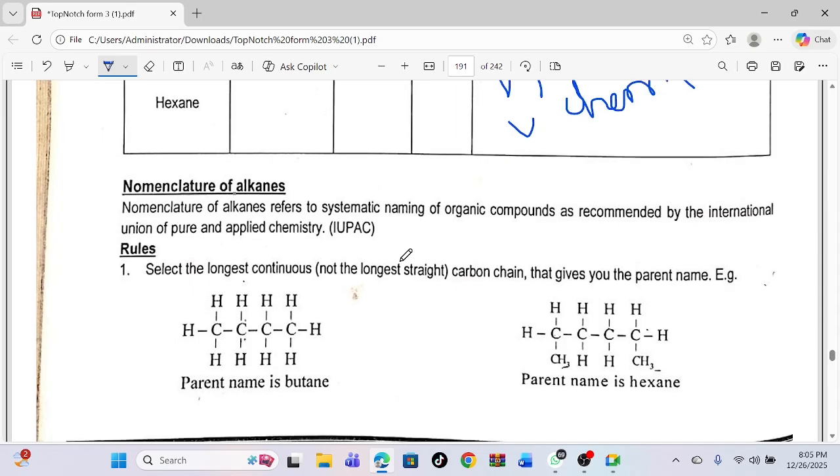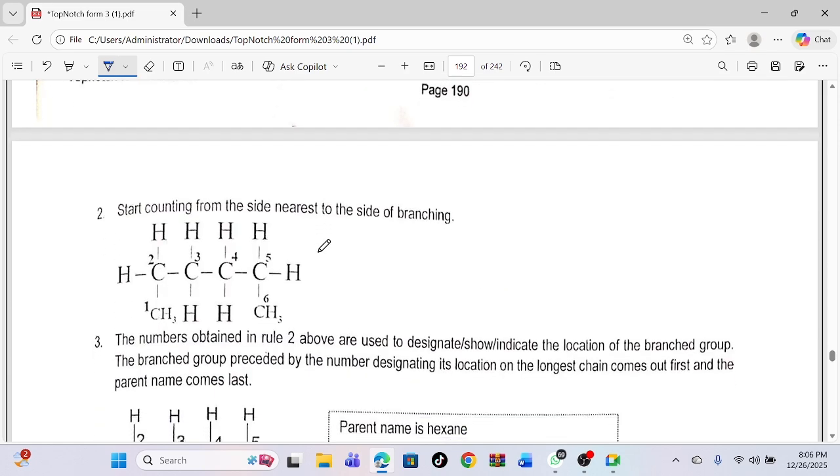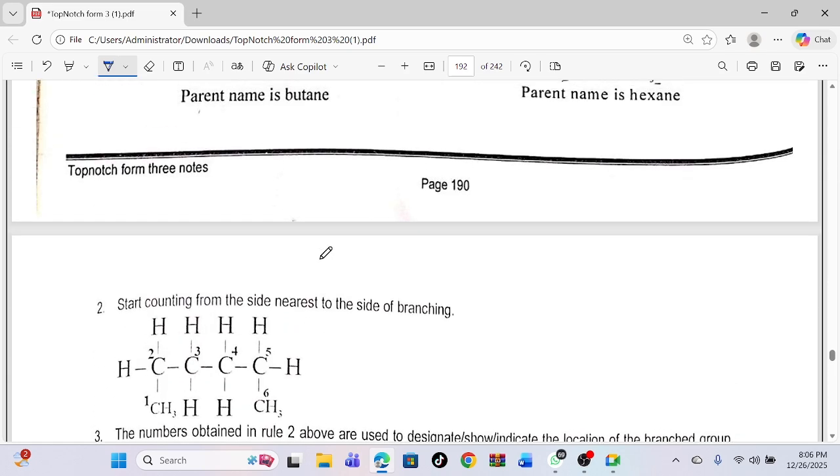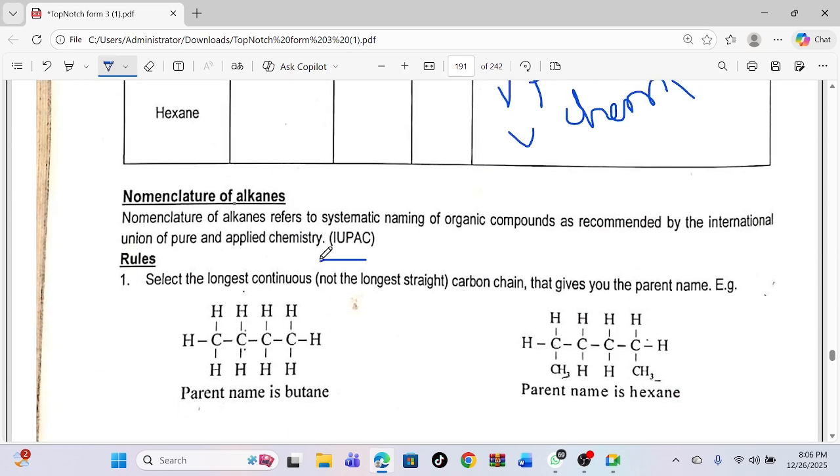Nomenclature is just a systematic naming of organic compounds as recommended by IUPAC. And IUPAC means International Union of Pure and Applied Chemistry. So rules zinakuanga mingi, but huwa mimi nafunza tu only 4 because vitu zingine haina muhimu sana.